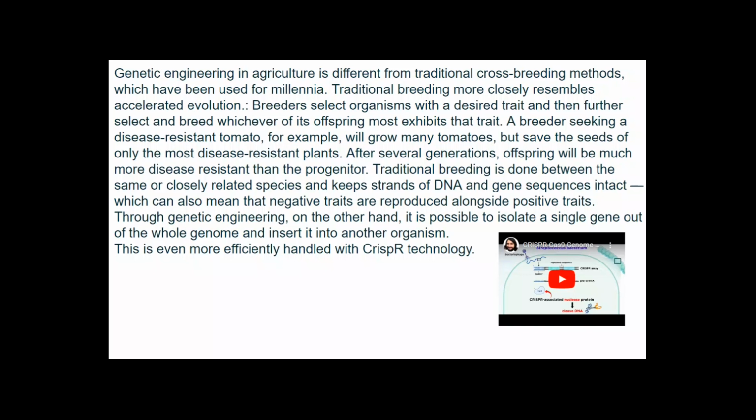Through genetic engineering, on the other hand, it is possible to isolate a single gene out of the whole genome and insert it into another. This is handled even more efficiently using CRISPR-Cas9 technology. And you can watch a video dealing with CRISPR-Cas9 technology in this place here.